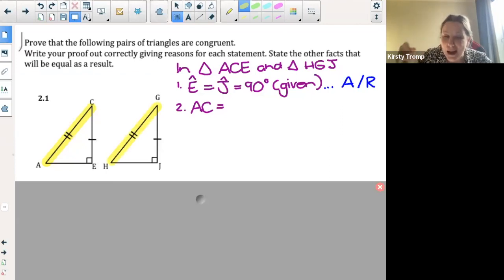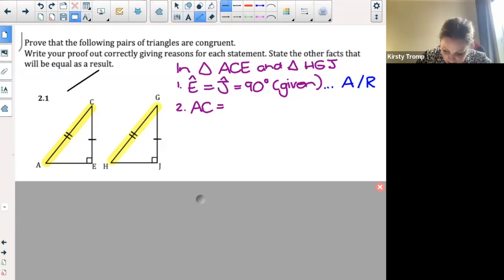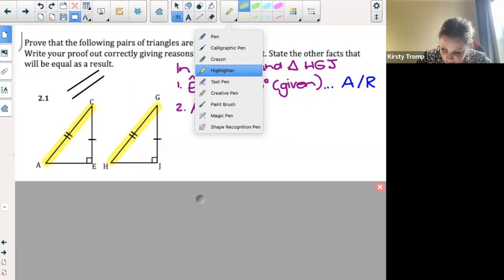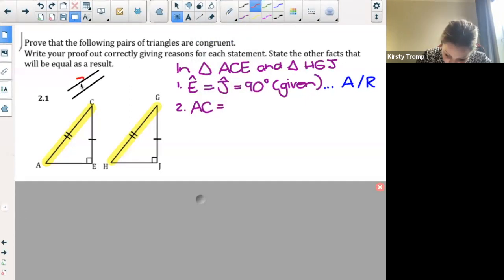When you've got lines next to each other with arrows on them instead, what does that mean? Good, that means parallel. Is parallel and equal the same thing, guys?